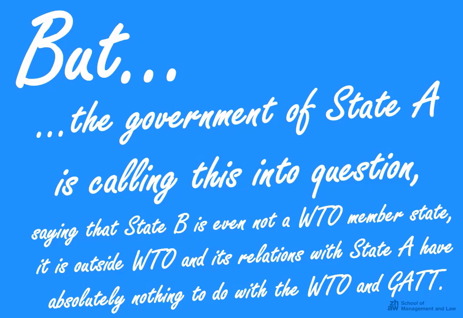So why should State A not be allowed to grant that State B outside WTO special privileges without being obliged to grant the same privileges to other states that belong to the WTO?